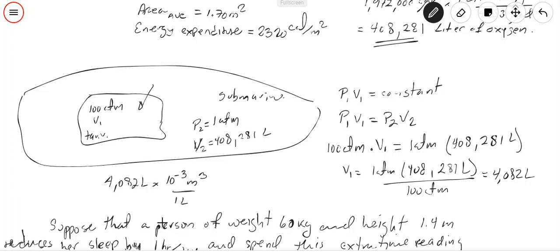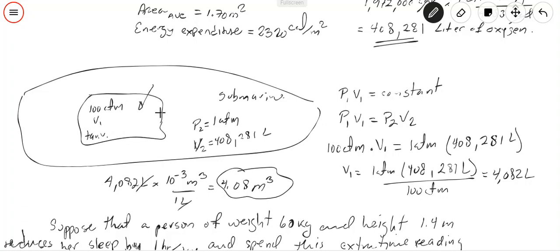That is, we have 1,000 liters per cubic meter. So we're going to simplify the liters here, and then we get 4.08 cubic meters.